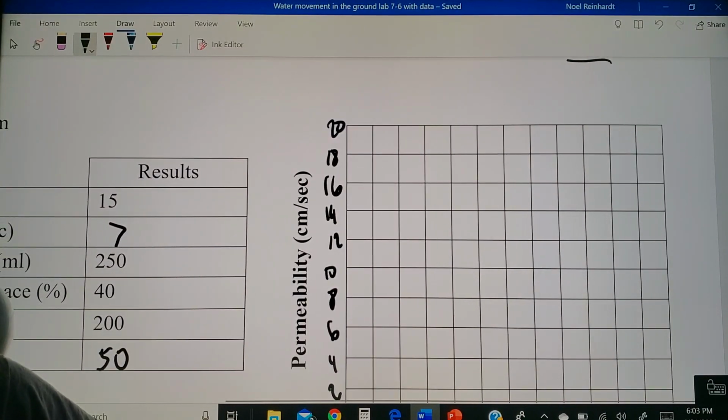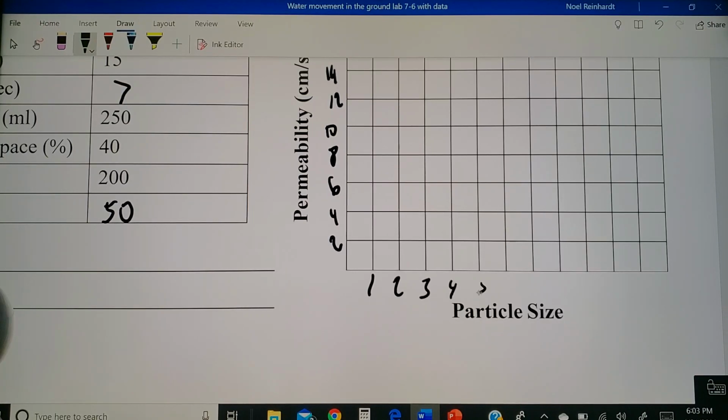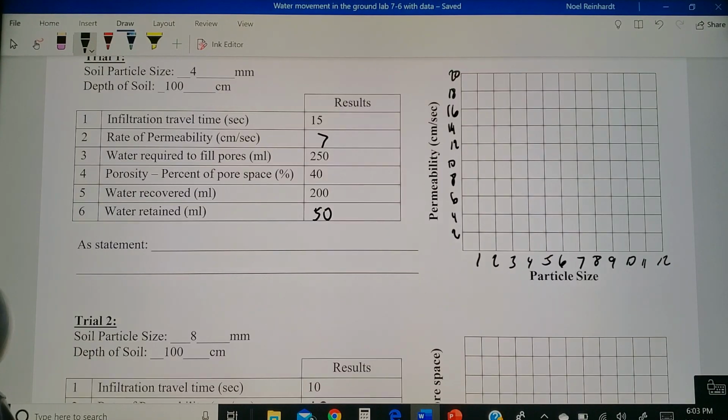Check the number of boxes that you have. Looks like we could skip by 1's. Okay. And 12. Okay, so now to plot this data, again, we're doing the permeabilities.